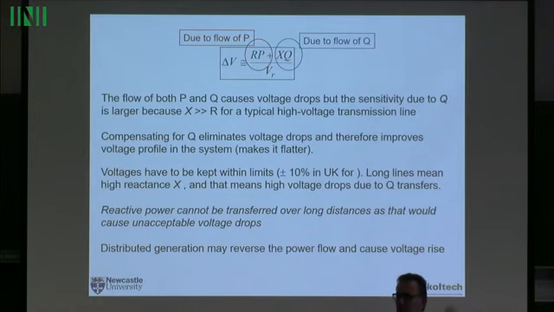Either you put a big capacitor next to it, or you have a generator, a power station, and you manipulate, I'll show you later on, the so-called excitation current on the generator in such a way that it produces reactive power. So that reactive power to supply this big factory in Cambridge can be provided at the generator, which is close. The key word is close.